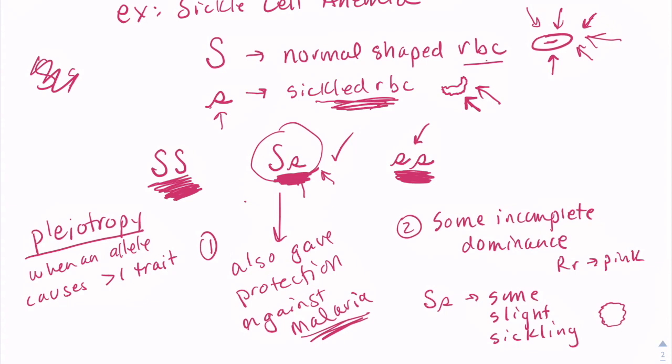So this individual is exerting himself. This football player for the Pittsburgh Steelers did not know that he was heterozygous for the sickle cell anemia gene and had some slight sickling of his red blood cells. He didn't live at high altitude.